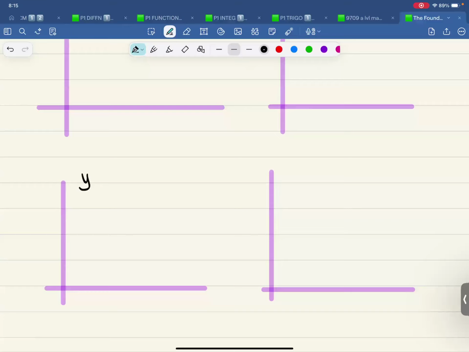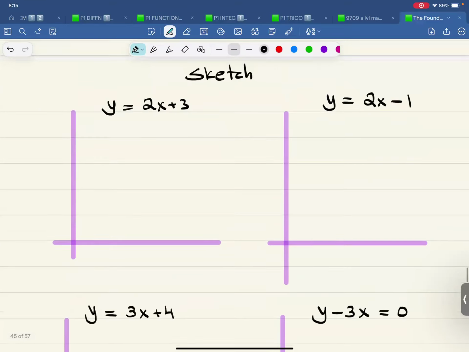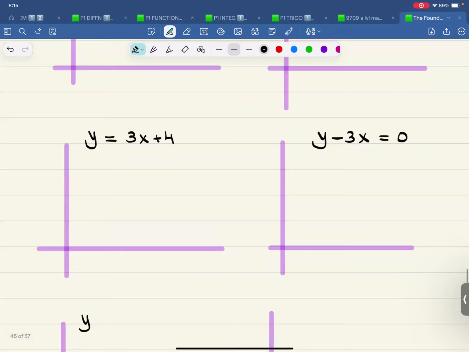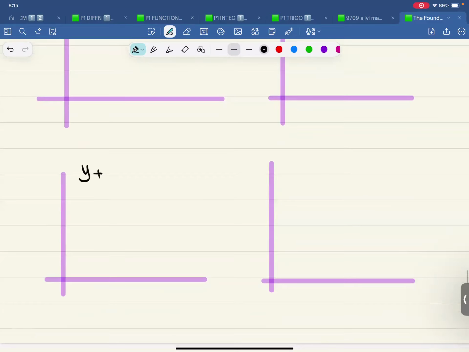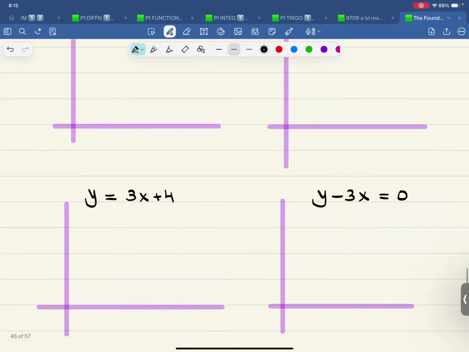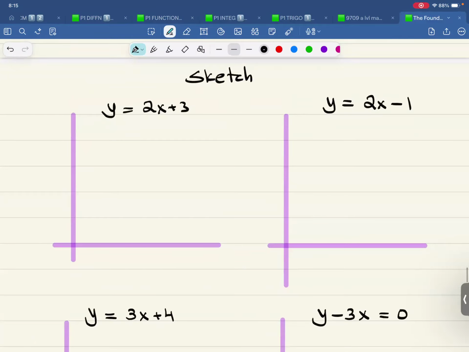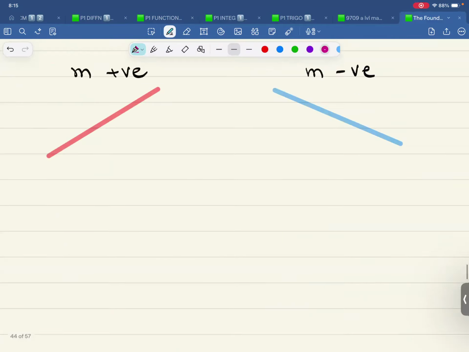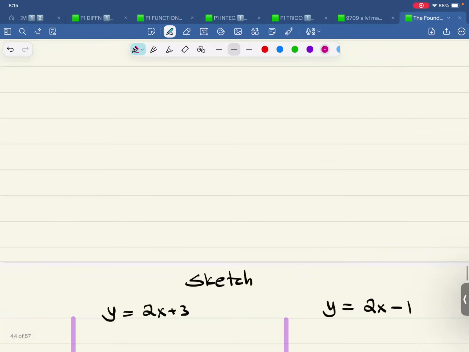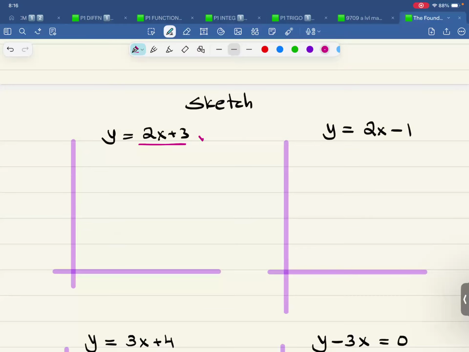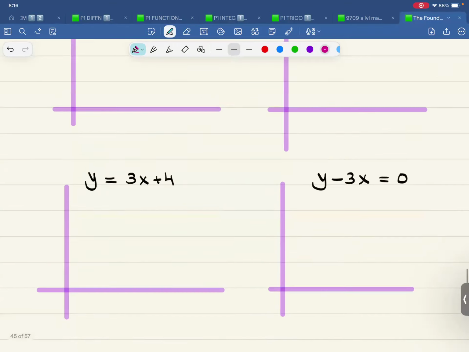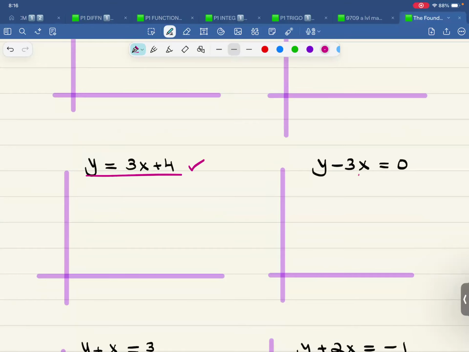And let me write y. This is positive, positive, positive, positive. y plus x is equal to 3. And y plus 2x is equal to negative 1. Now, first of all, make sure that it's in the standard form y is equal to mx plus c. y is equal to 2x minus 1, standard form. y is equal to 3x plus 4, standard form.